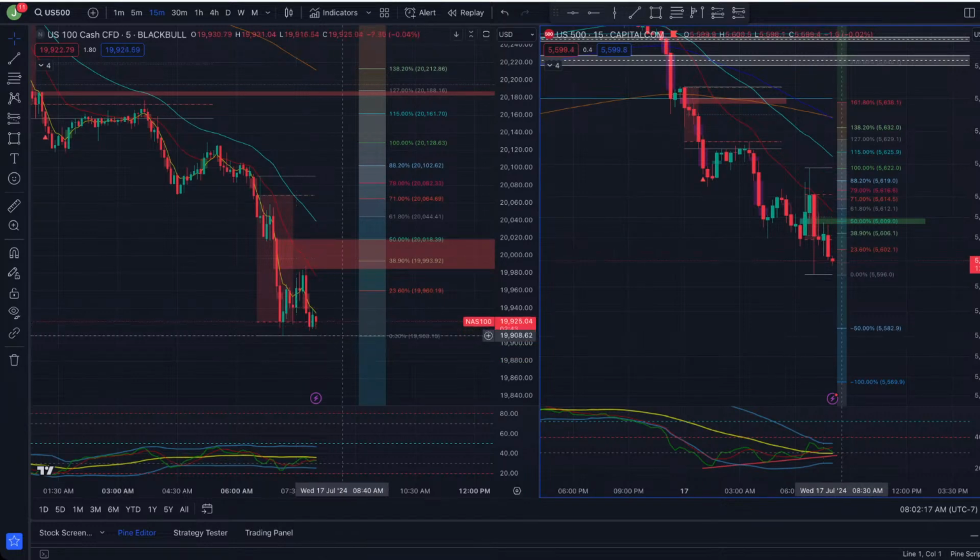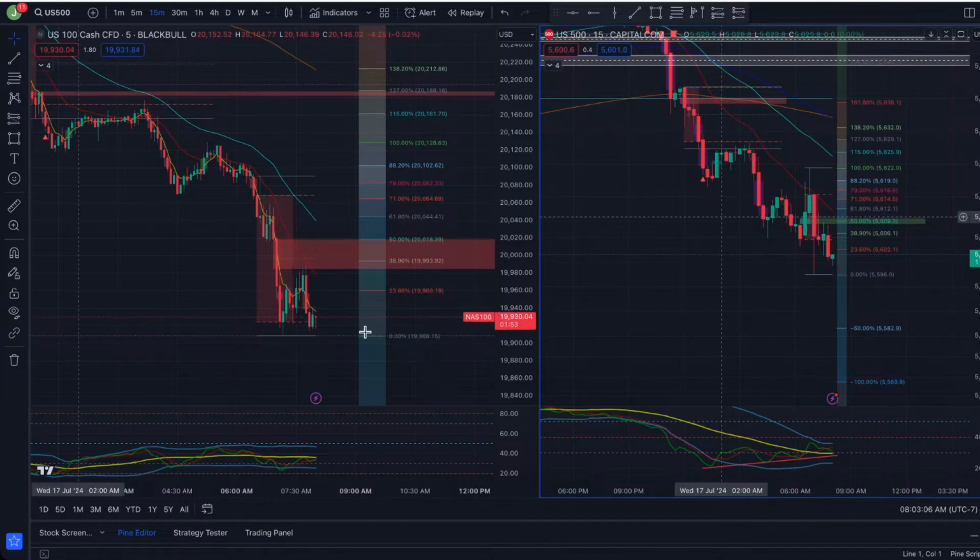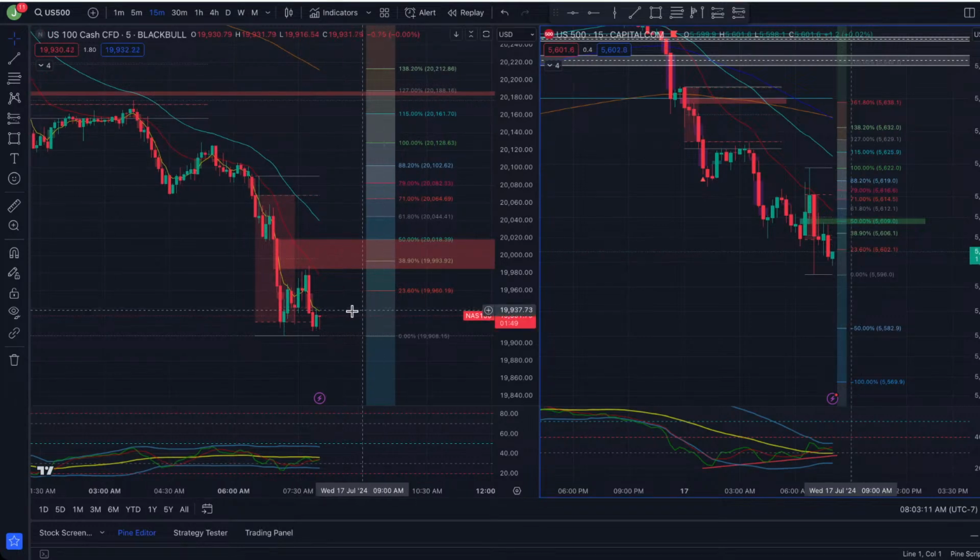Now slowly pushing. Let's see if NAS wants to make one more run up before it pushes down.